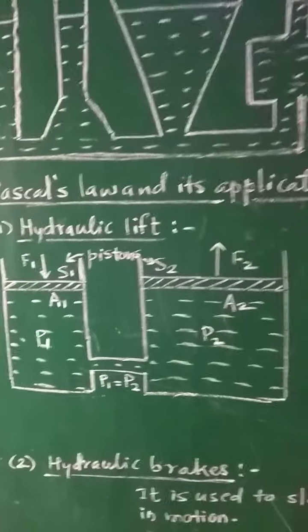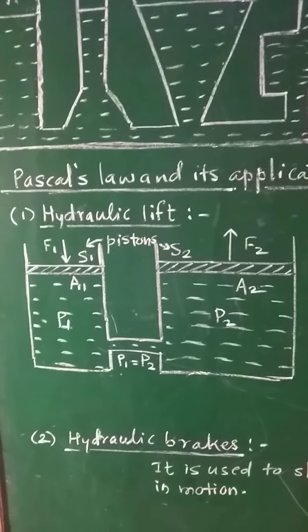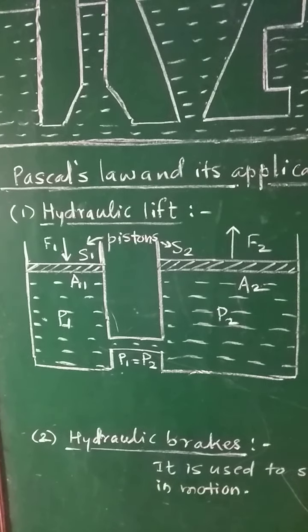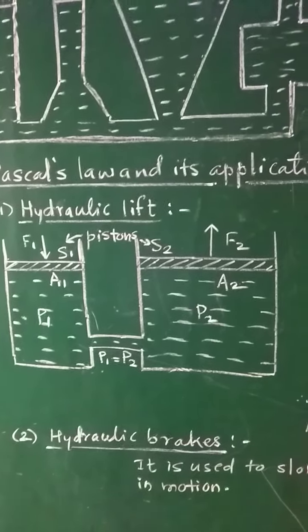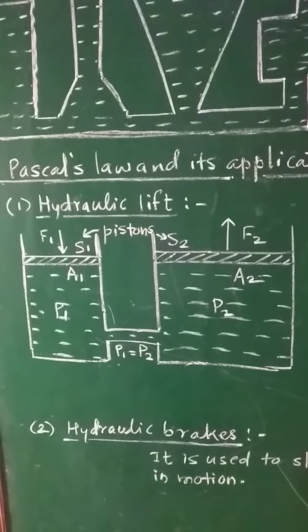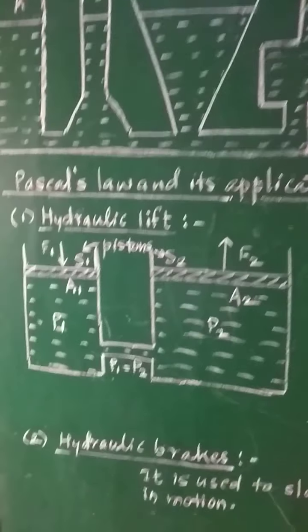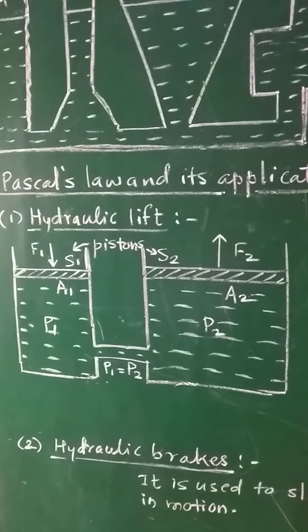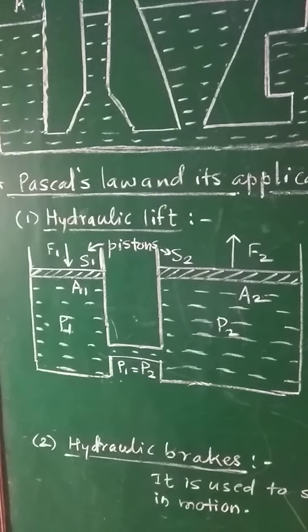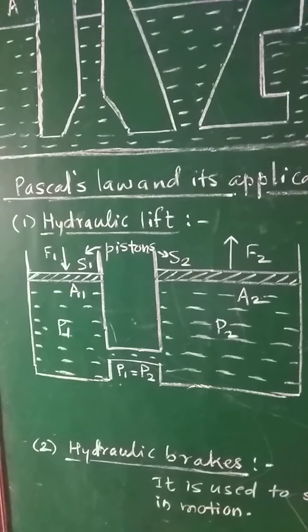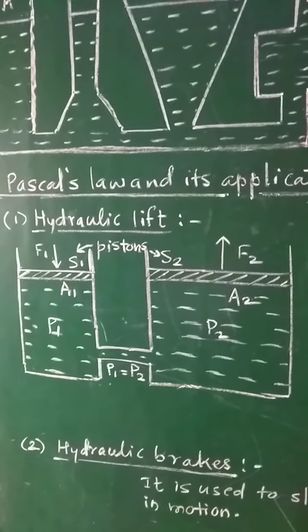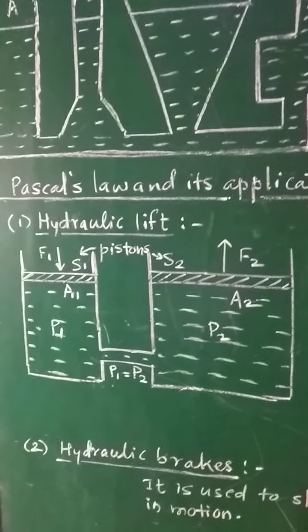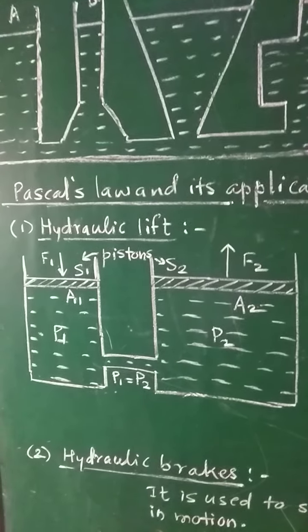The very first application is the hydraulic lift, which is used to lift heavy objects in some of the garages or workshop centers. In order to lift heavy objects like heavy vehicles such as trucks, this hydraulic lift will be used.